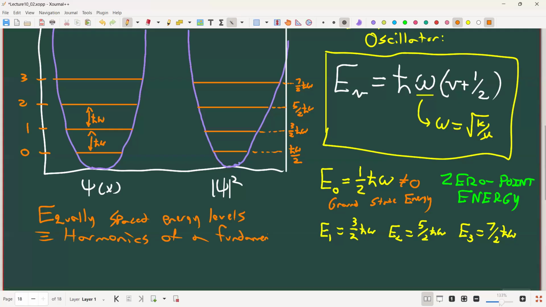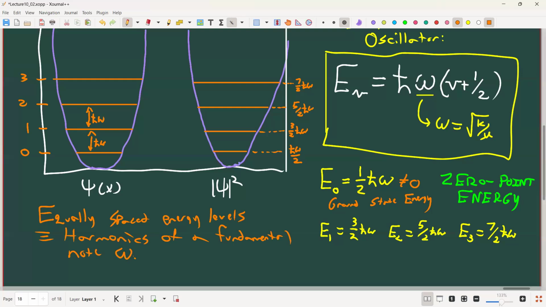So it's the harmonics of a fundamental note, which is omega. It's a nice little system. It's amazingly beautiful how simplified this gets. We took a really complex spring with a bunch of forces and kinetic energy and wave functions and all that, and everything simplifies down to an energy level spectrum that's equally spaced and only dependent on the same parameter that sets the frequency of the classical spring.